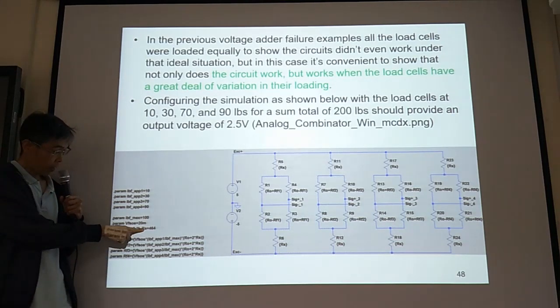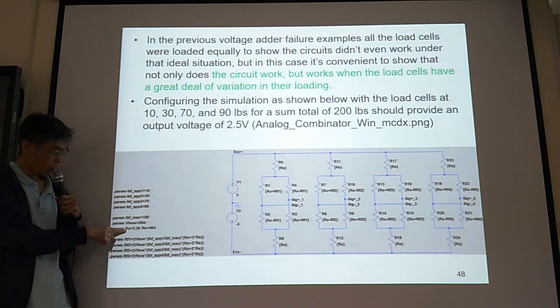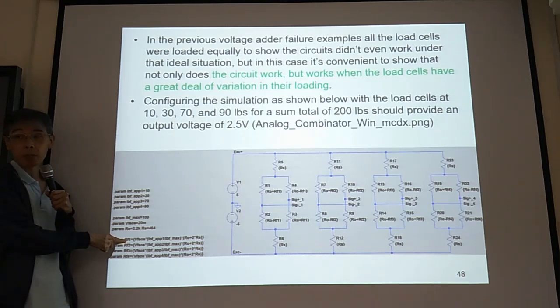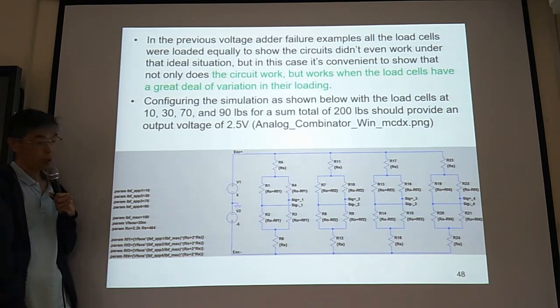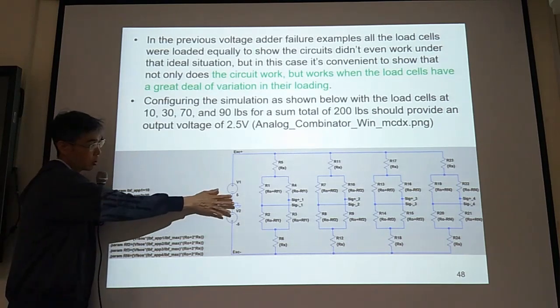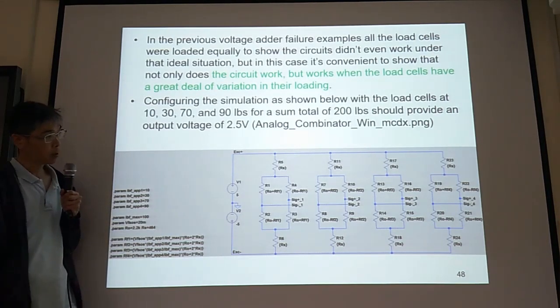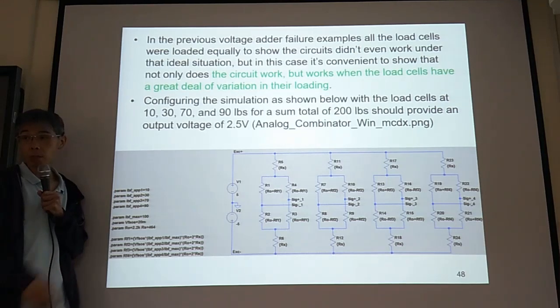And this is the RS compensation resistor. This is the initial resistance, 2.2K. So we can calculate the resistance change using these 4 equations. Then you can put them into this circuit to test if your circuit can work.